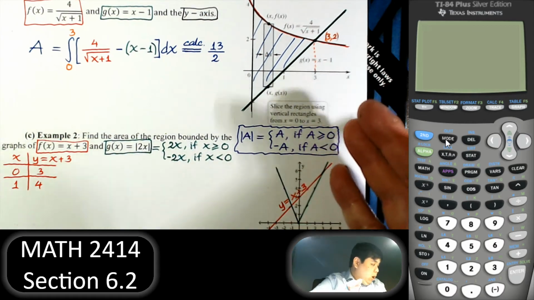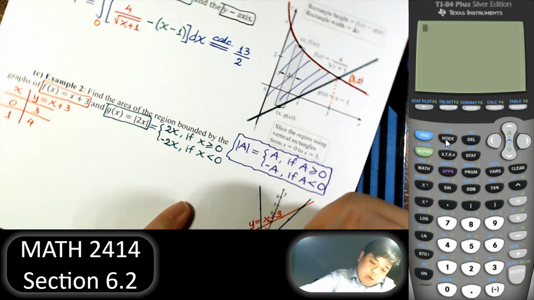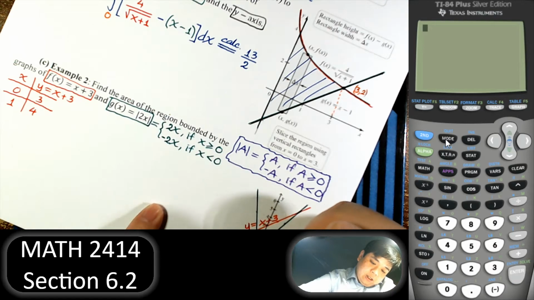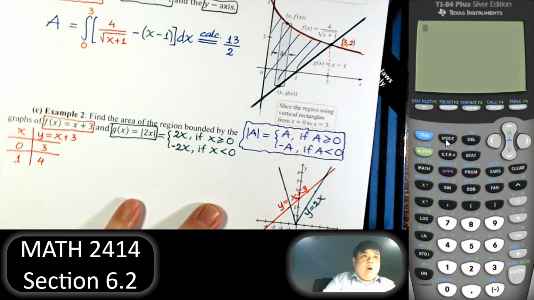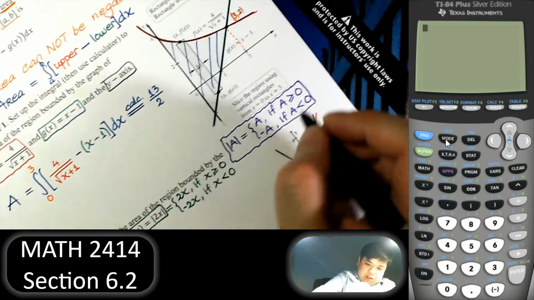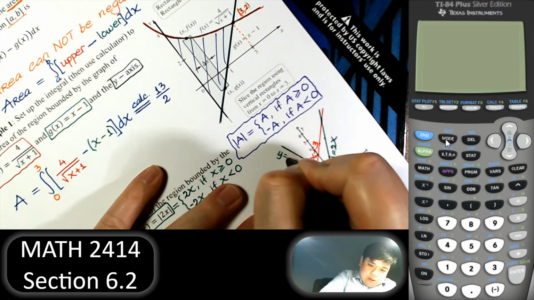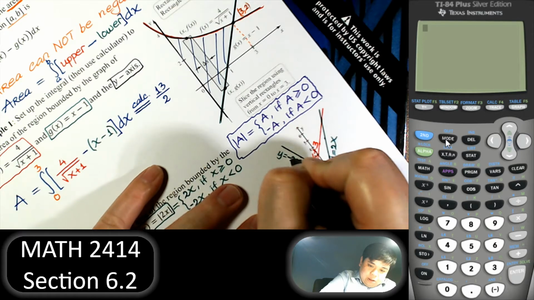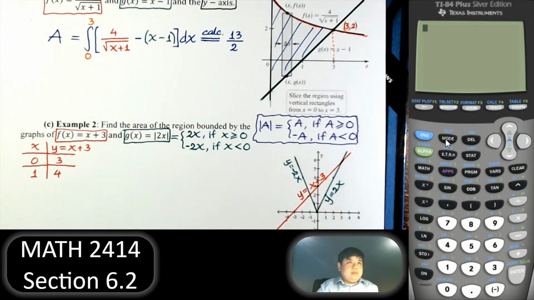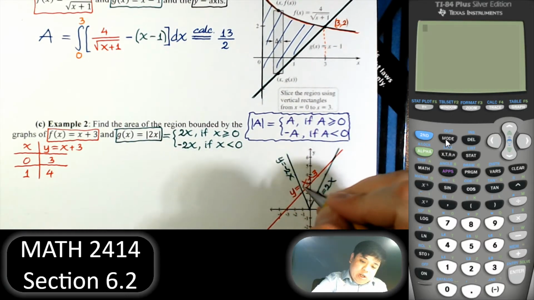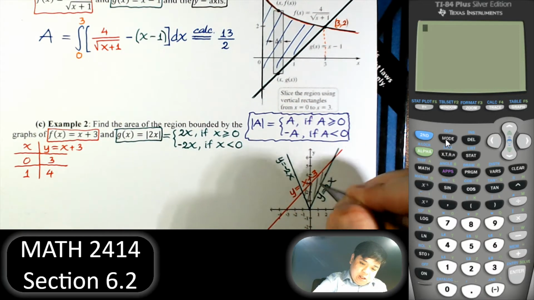The one on the right is y equals 2x. The one on the left is y equals negative 2x. And we want to find the area bounded between the two graphs, so we're talking about this one.